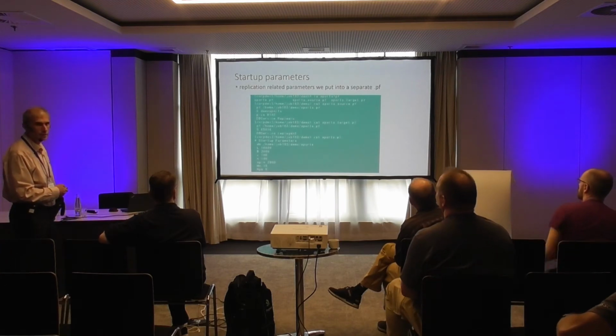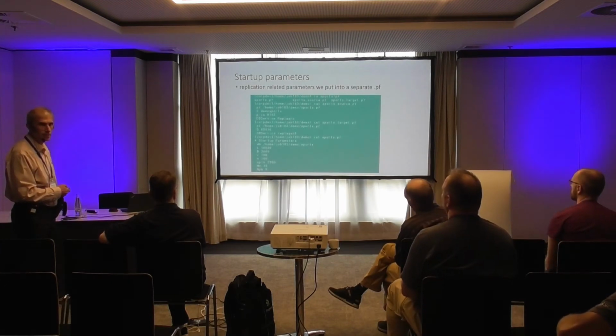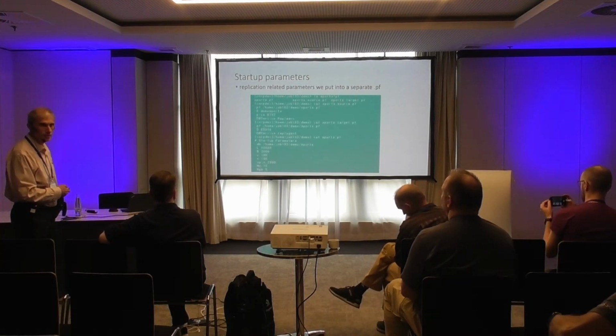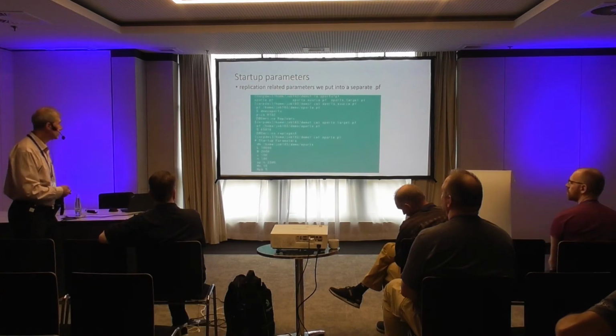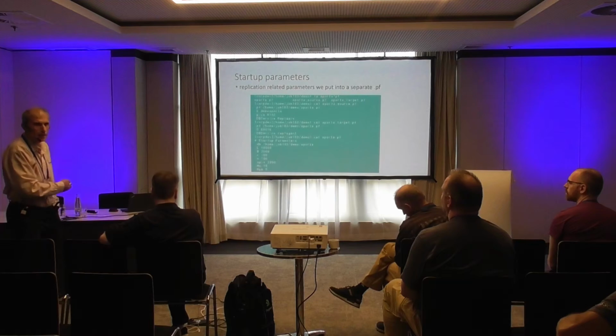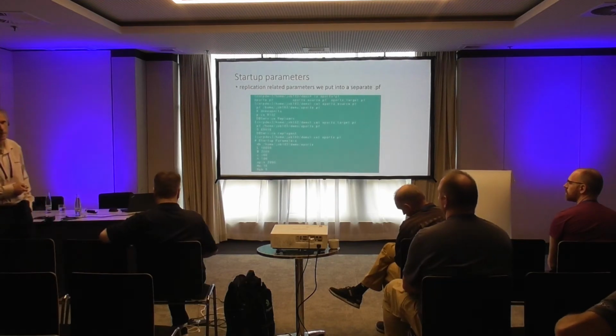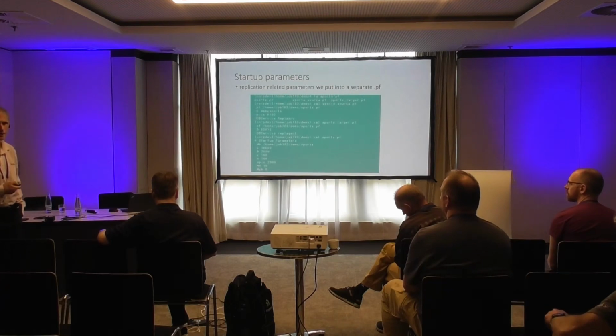You have to tell the database every time that it is the source. It doesn't know it in the control block? It knows that, but you need to start it with the appropriate parameter. You need to tell it at startup time. Every time or once? For both, for source and for target, every time you start. Yes. Okay.